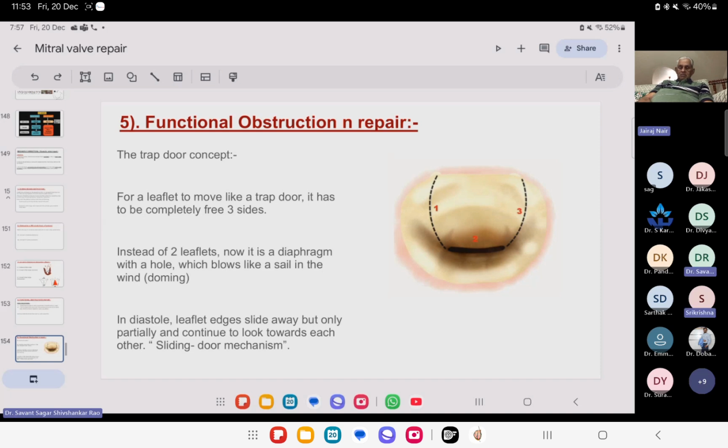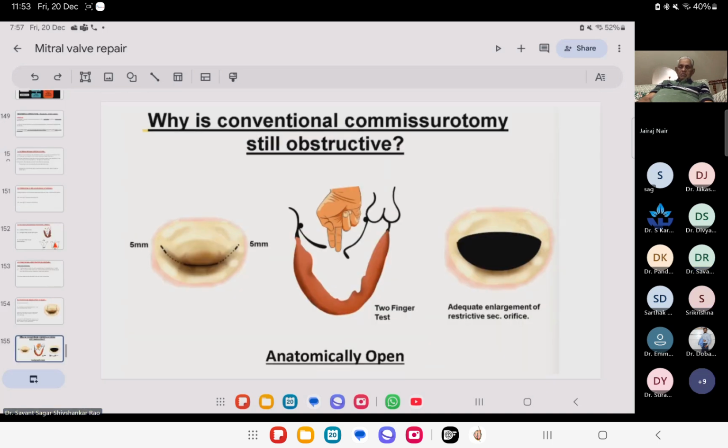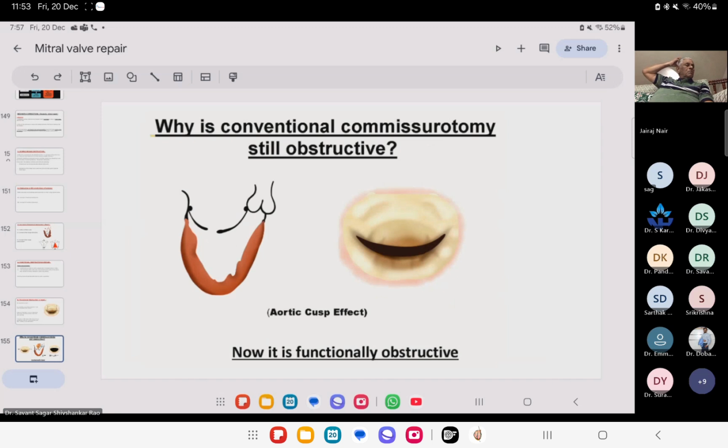That is the sliding door mechanism. But usually in commissurotomy, we leave 5 mm close to the annulus and we get an adequate secondary orifice, which makes the valve anatomically open, but it is functionally obstructive.